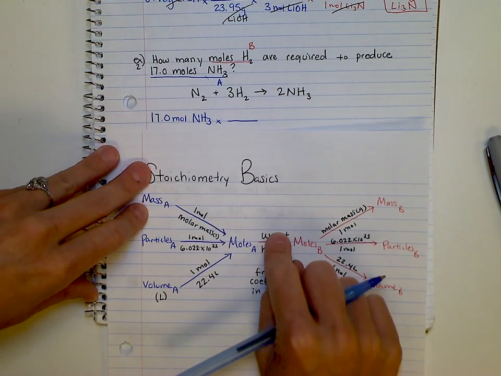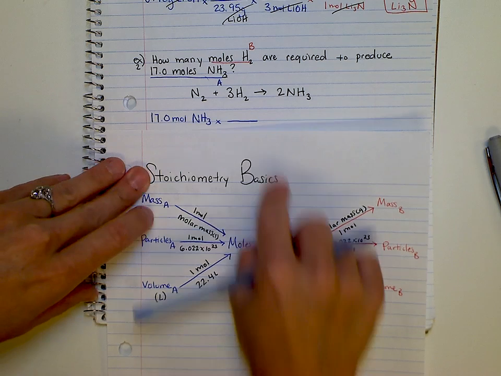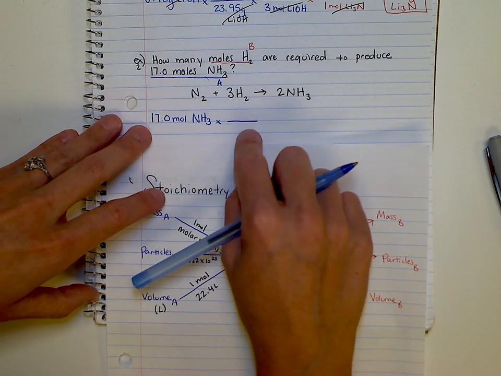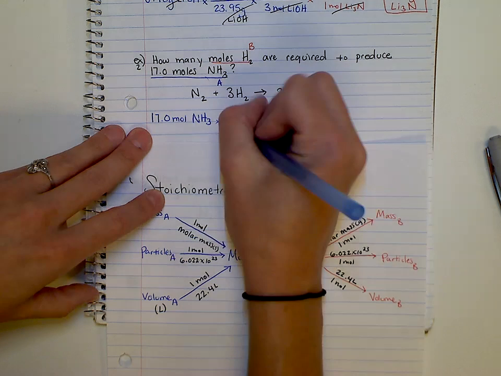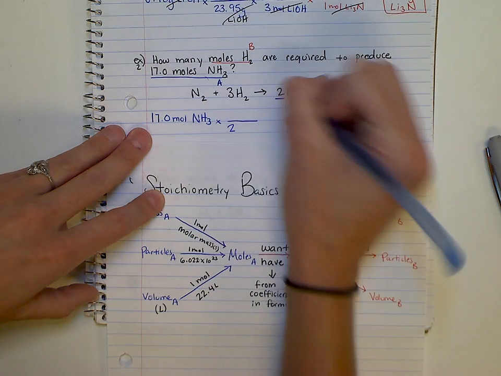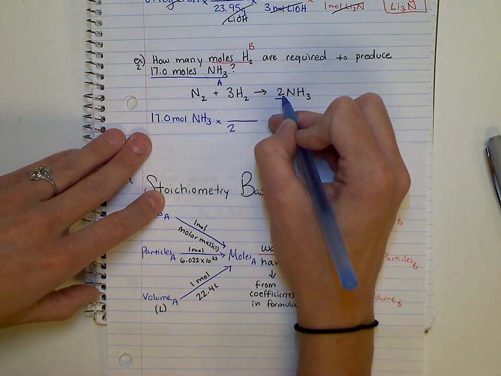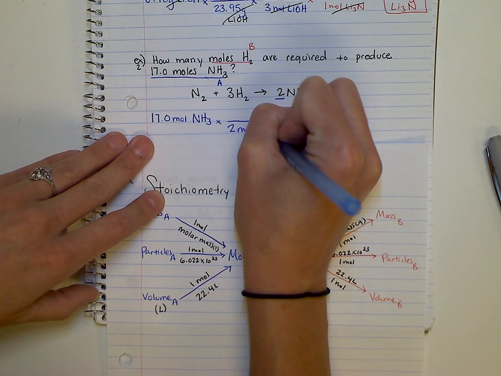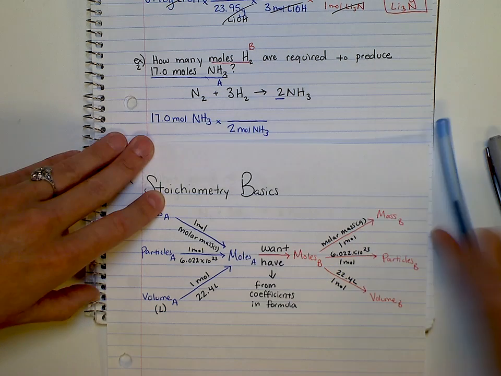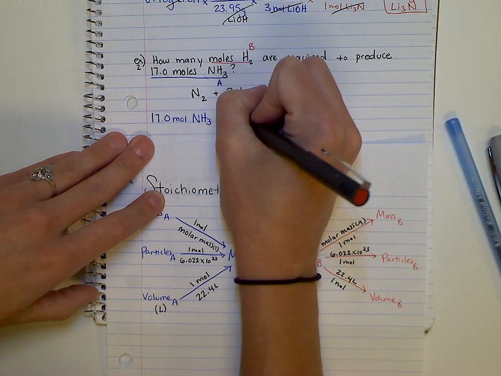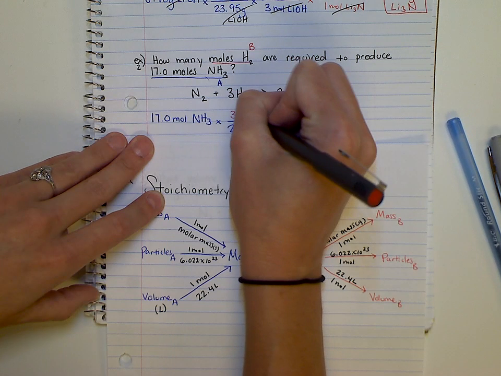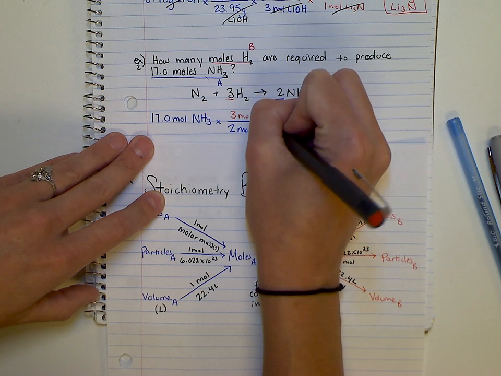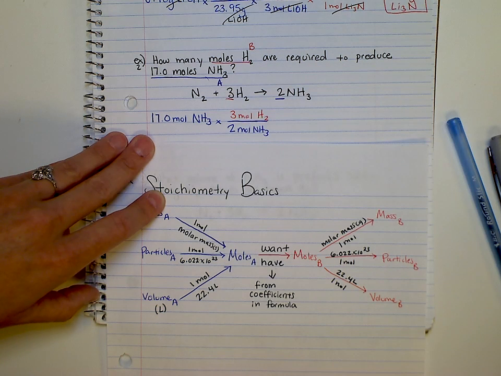Now comes the mole ratio step. It's want over have. What I'm looking for is H2, and what I have is NH3, so I'm going to put my 2 moles. Remember, you have to use the coefficient from the formula, so 2 moles of NH3 on the bottom, and then I want H2, so I'm going to use the coefficient in front of H2 on the top there.